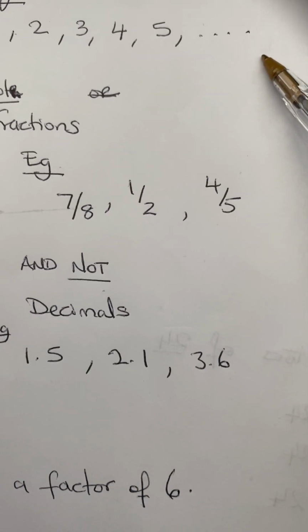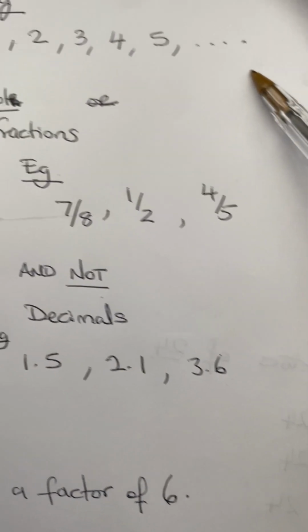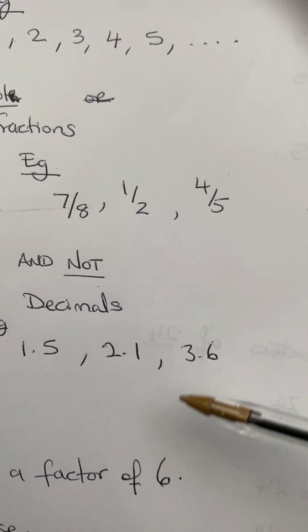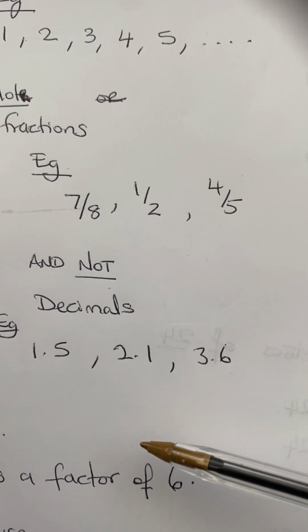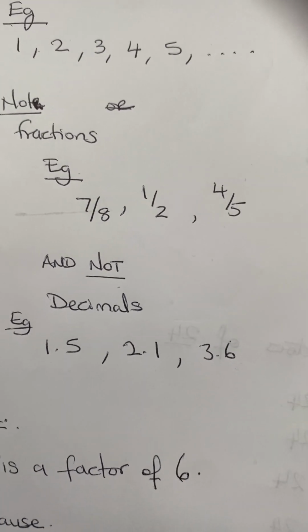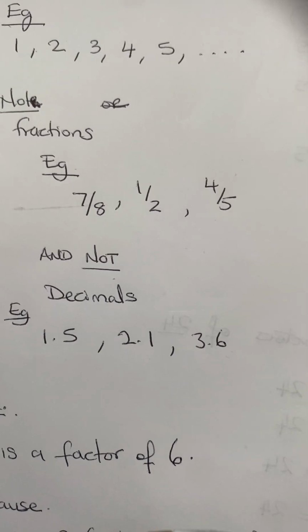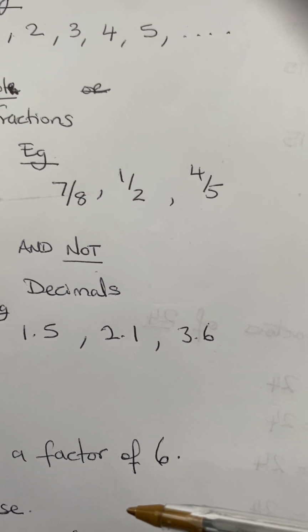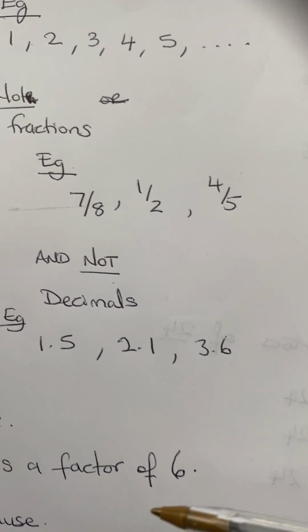you might be wrong. But as I said, as you do these questions over and over again in secondary school, you realize that it becomes second nature. You just know.